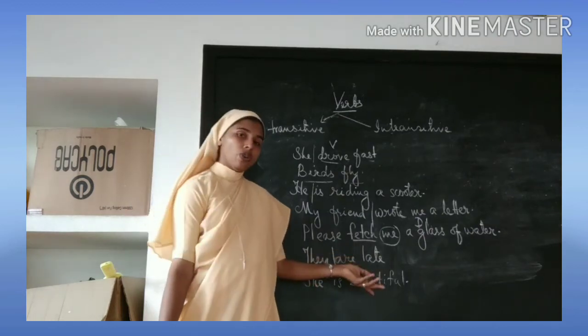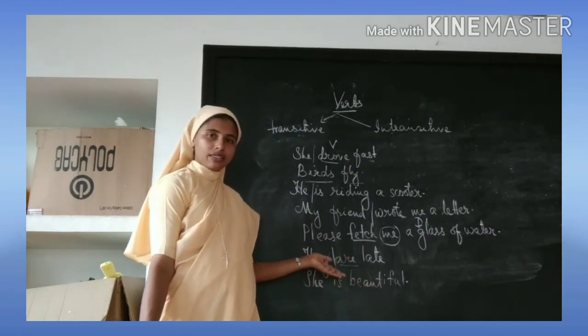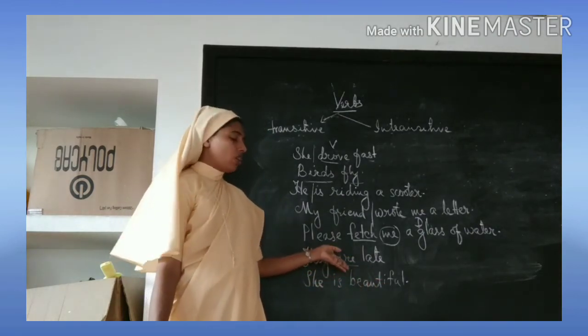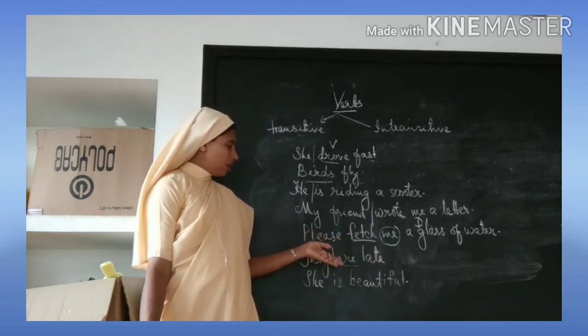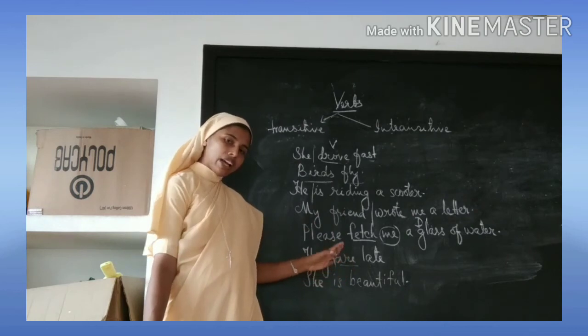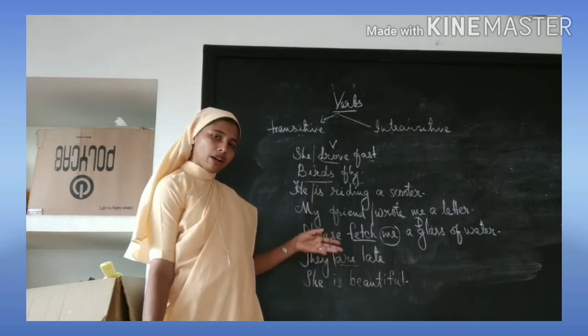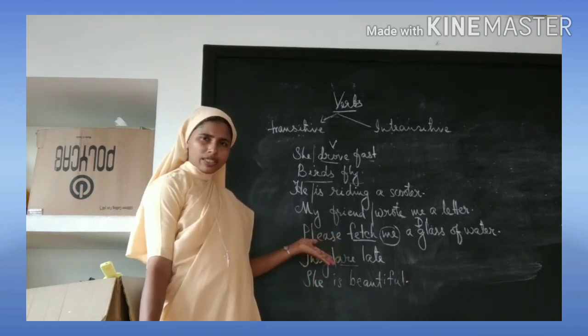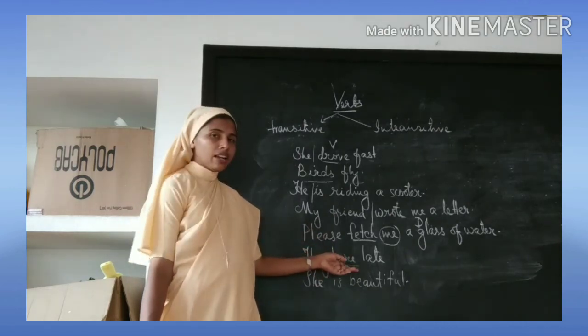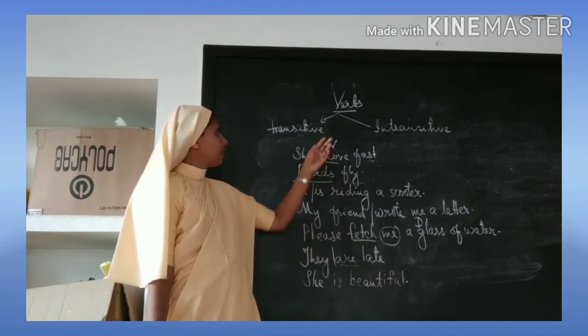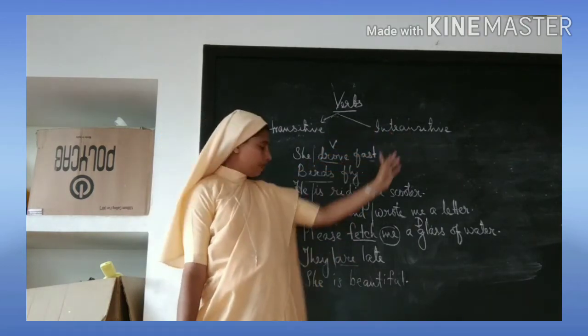So there is no receiver of the action here. The verb doesn't proceed to a receiver. The sentence is complete in itself. So since it doesn't have an object, this is in the category of intransitive verb.